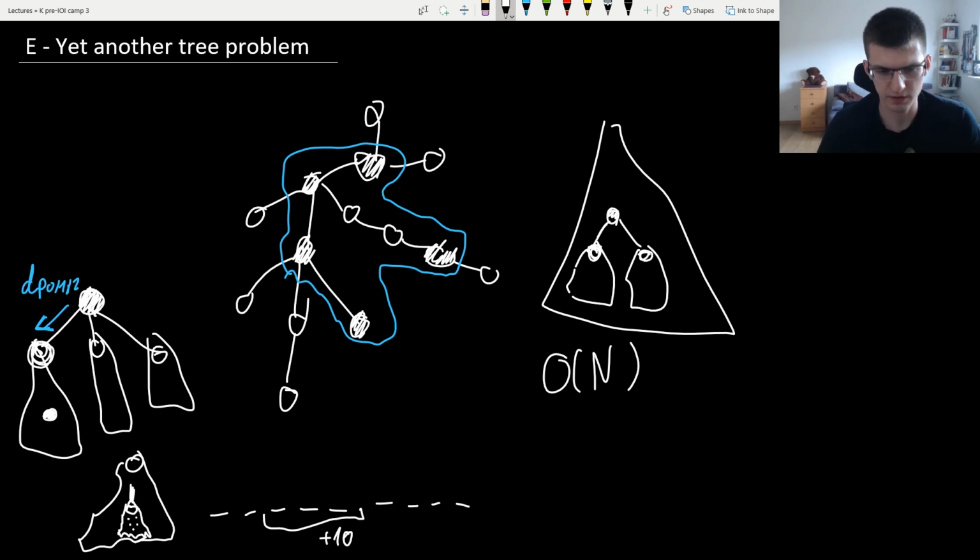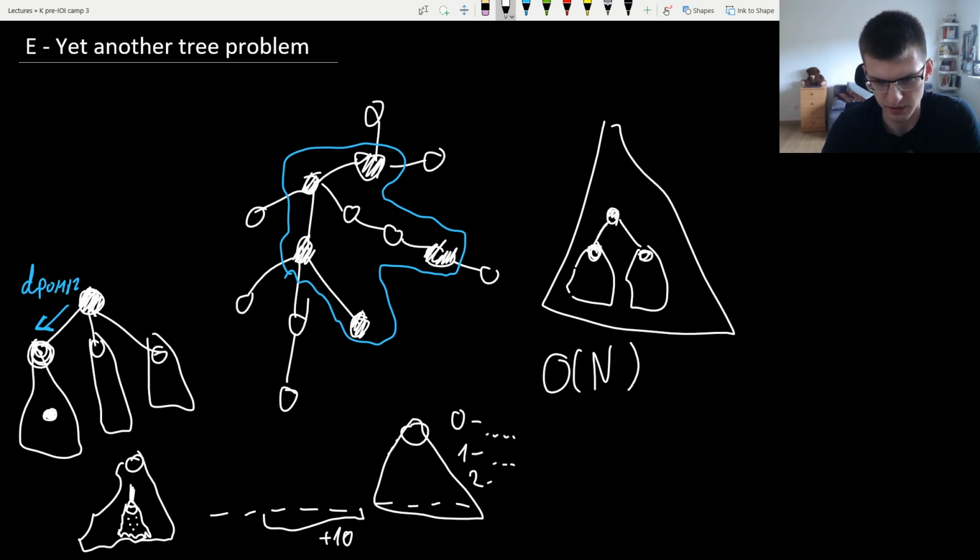In this segment tree, every vertex representing some interval will have values: with 0 marked vertices, what is the best value; 1 marked vertex, what is the best value; 2, what is the best one. And then we lazily propagate something below, then this might shift.